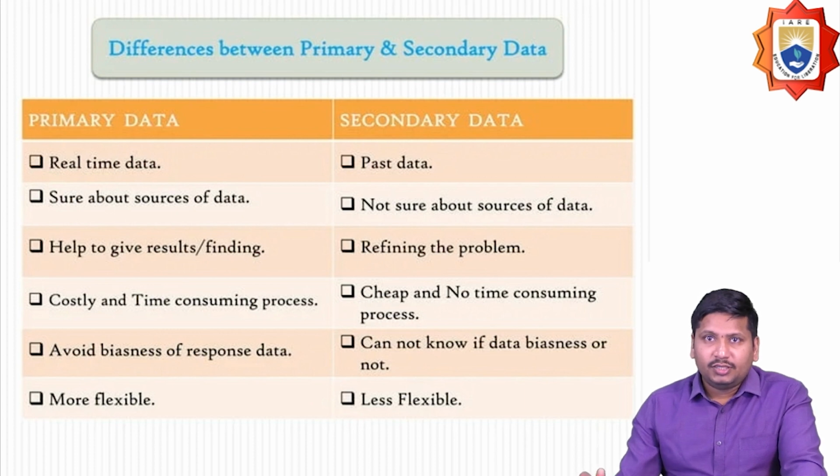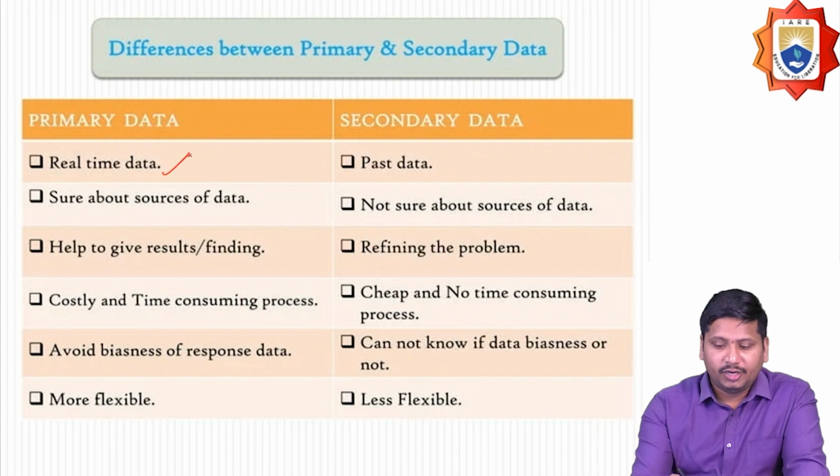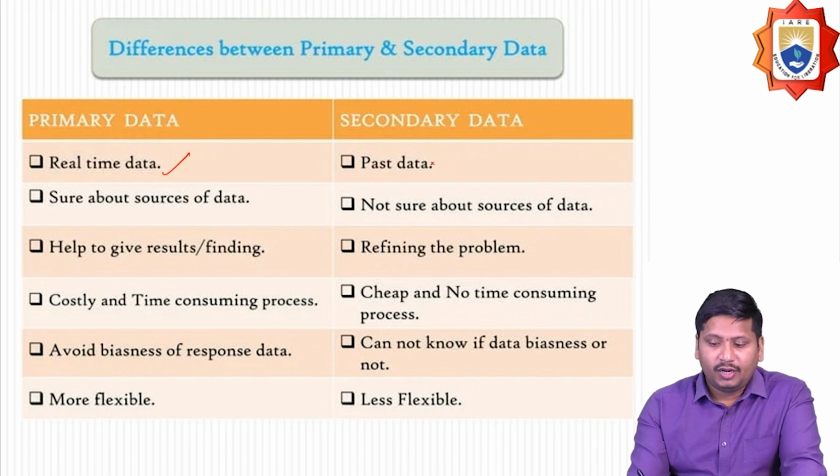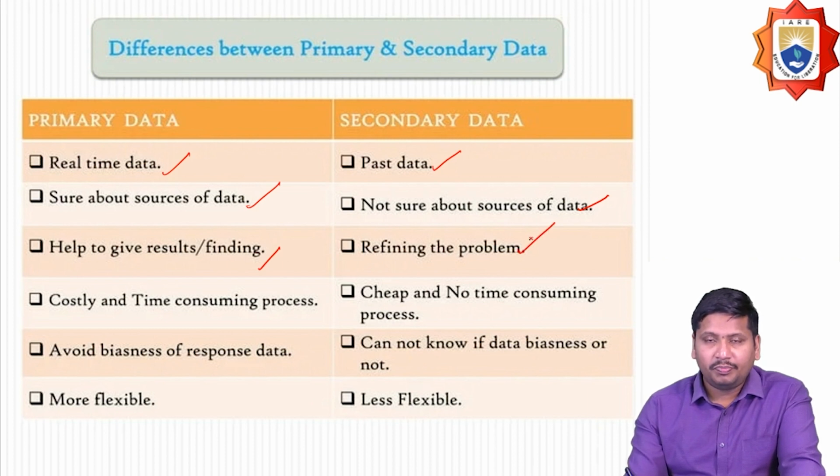So let's see this. When it comes to primary data, it is real-time data, whereas the data I took for secondary is past data. Primary is sure about the sources of data, and secondary is not so sure about the sources of data. Primary gives the results and findings, whereas secondary helps in refining the problem.